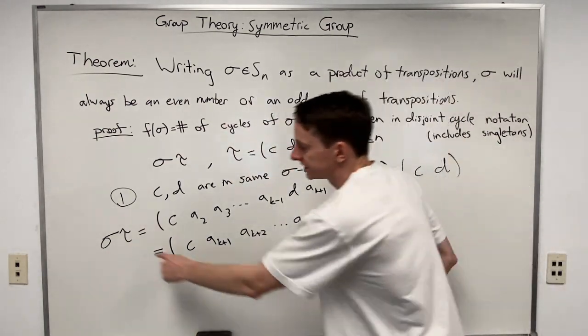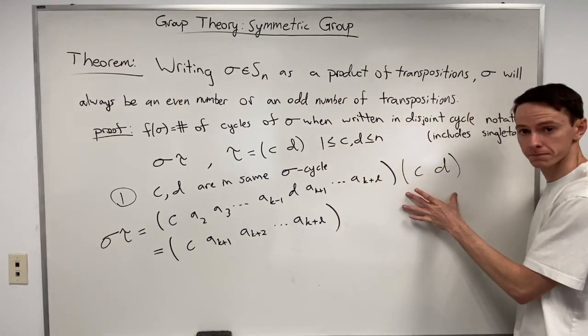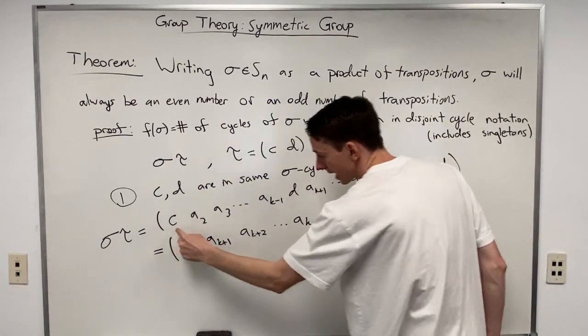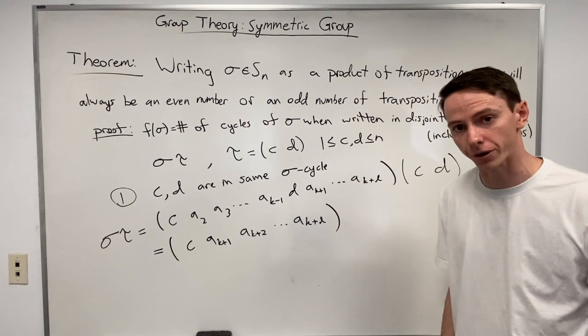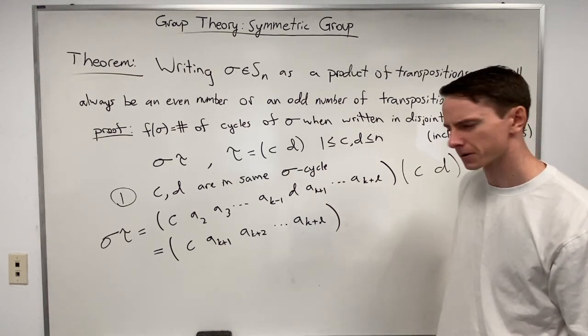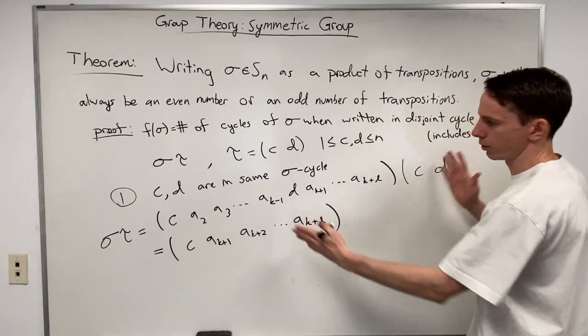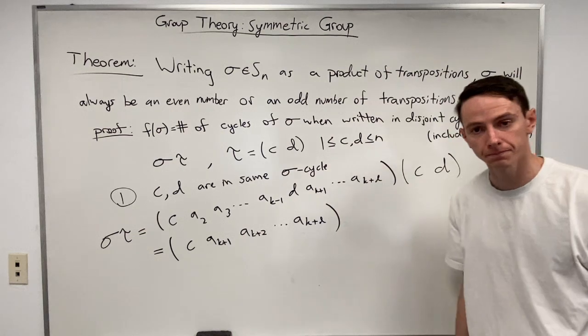So sigma tau acting on A sub k+l doesn't get affected here. It then moves to this cycle, and then it just goes back to the beginning, back to C. And that's why we close off the cycle right here. Hopefully this is clear on how this product can get decomposed as this for the first input.